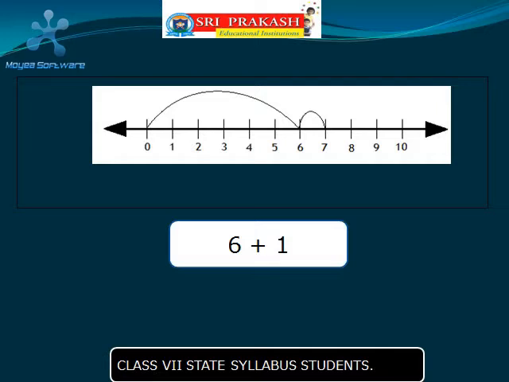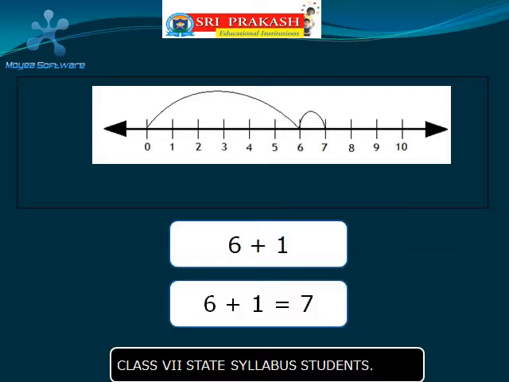And then we should add 1 to it. Add means we should move towards right side. By how much? 1. So when we move one space from 6 towards right side, then we reach 7. So 6 plus 1 is equal to 7.